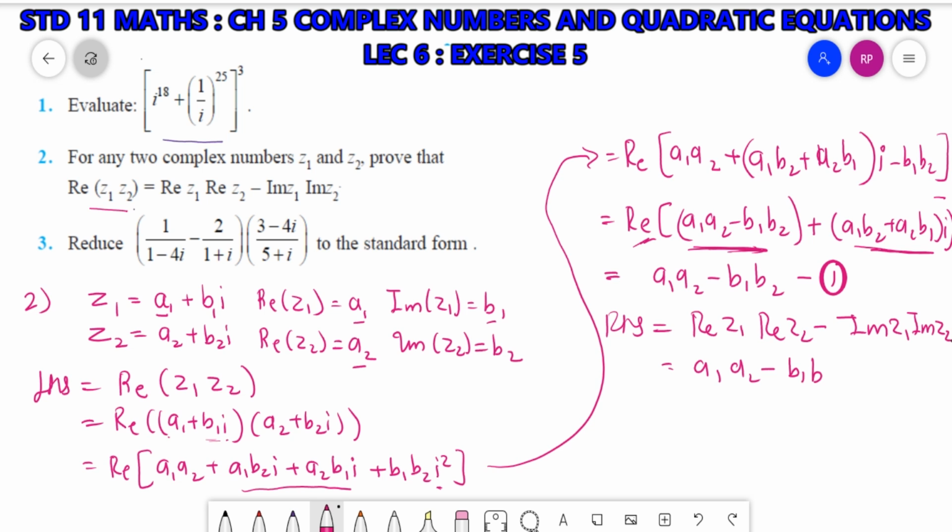And the imaginary part of Z2? b2. So again it's a1 a2 minus b1 b2. So from 1 and 2, LHS is equal to RHS. Hence, it is proved. So this was about question number 2. Just note it down.